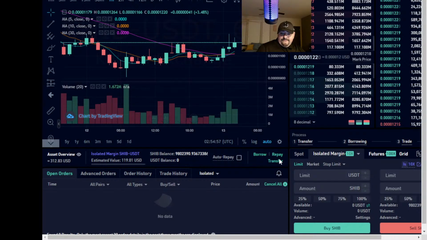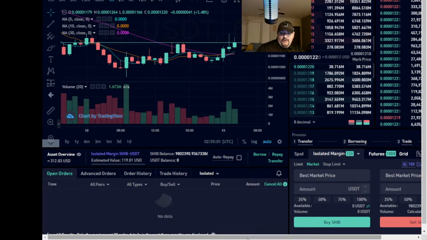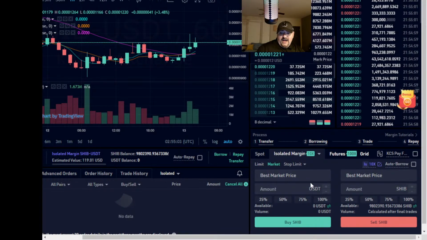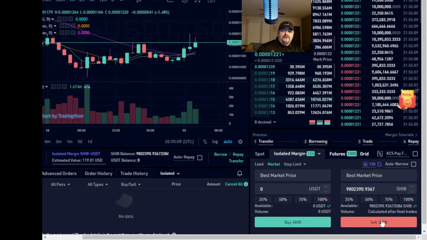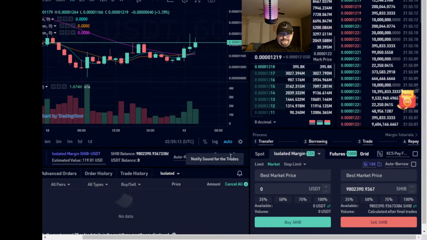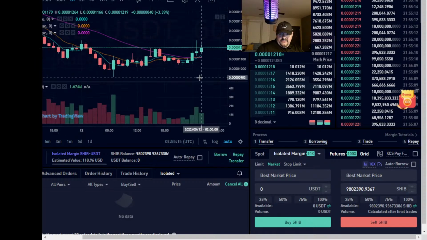So now it looks like SHIB is trying to go up, which is odd. Are we long on SHIB? No, we're short on SHIB. So before SHIB goes up and takes our money away, we need to take a look at this.